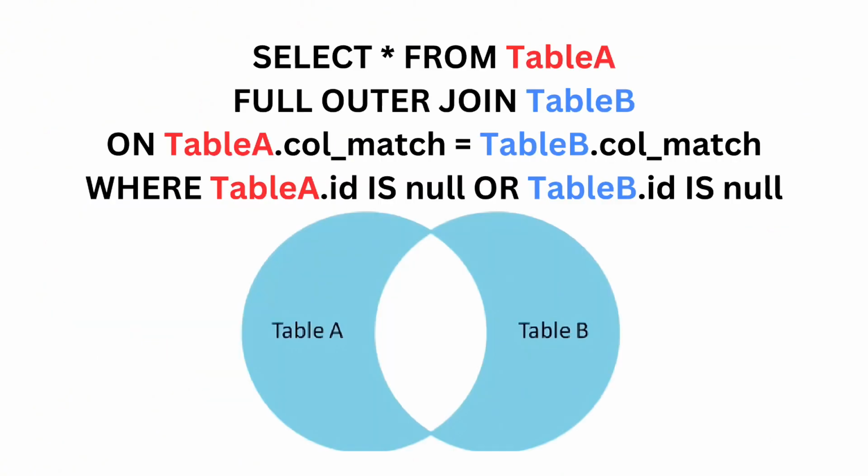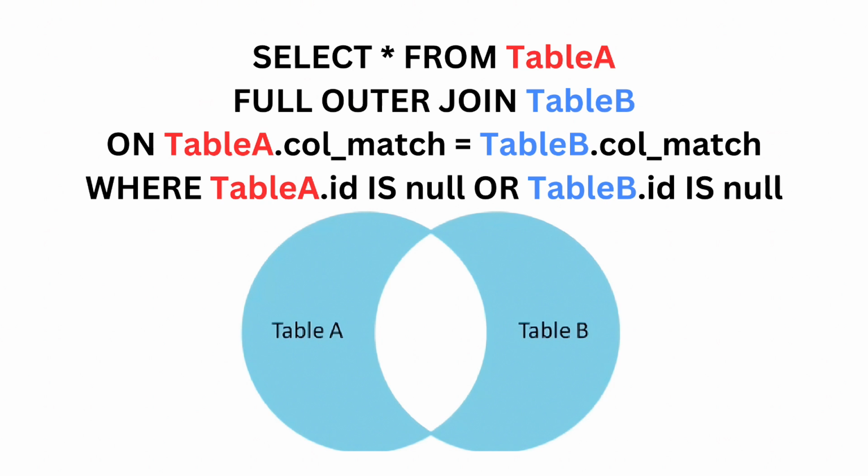The way this works is we say the following. We'll say select everything from table A with a full outer join on table B on table A.column match is equal to table B.column match. That's what we had last time, and that filled in the entire Venn diagram, including the intersection. However, we're going to add in a where statement to qualify it a little further.